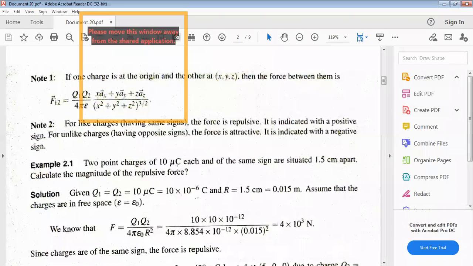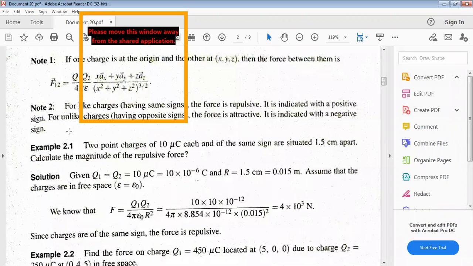See here, this is also one of the important problems from the exam point of view.